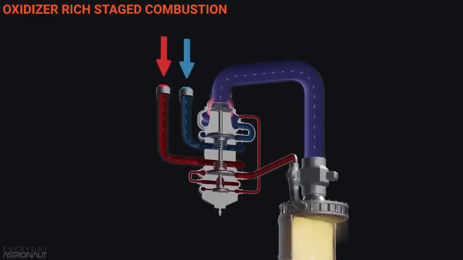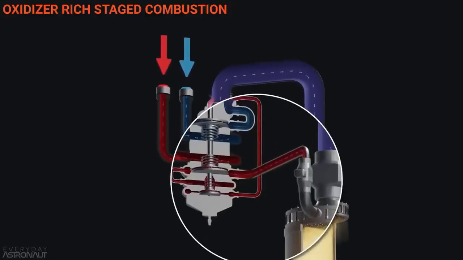But perhaps the biggest advantage of full flow stage combustion isn't just the gas-gas interaction or the relatively simple seals between the pumps and turbines, but it's also the temperatures inside the preburners. I think a good way for this to click is by studying the oxidizer-rich staged combustion engine. Look at all that fuel going straight from the pump into the combustion chamber.